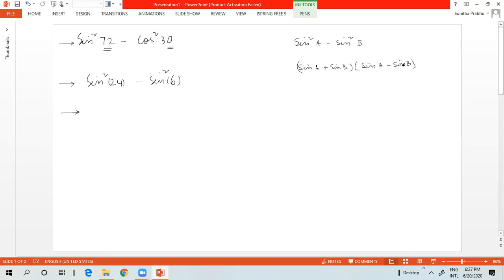So why should we write it like this? So that we can use the identity. We will get sine 24 plus sine 6 into sine 24 minus sine 6. Then this will be sine plus sine, sine minus sine.